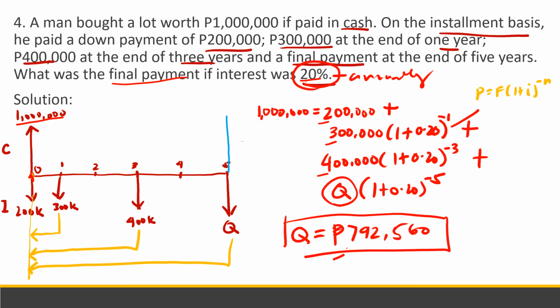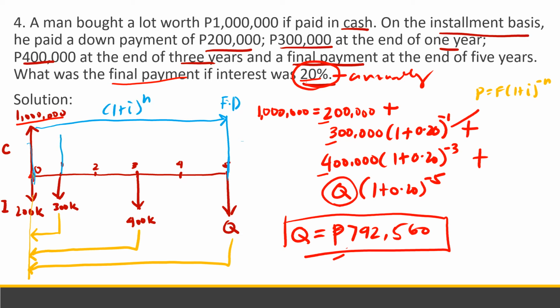But the easiest is the start of the year, or it can also be here in year 5. So for example, in year 5, we take the focal point. This is our focal date. So the 1 million is what we move to this point, so we multiply it by 1 plus i to the power of n.